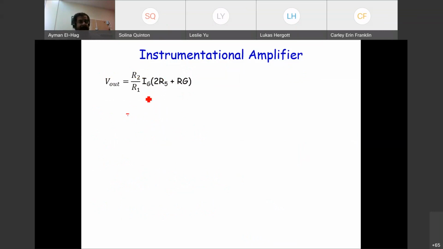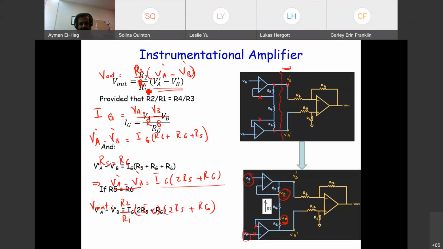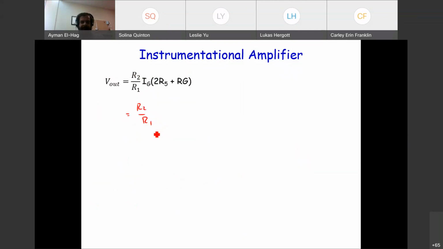Okay, now what is IG? Let's go back here. We know that our IG is VA minus VB over RG. So this becomes R2 over R1 times VA minus VB divided by RG, times 2R5 plus RG. So let's collect terms here.